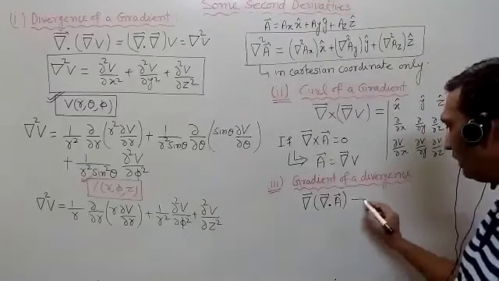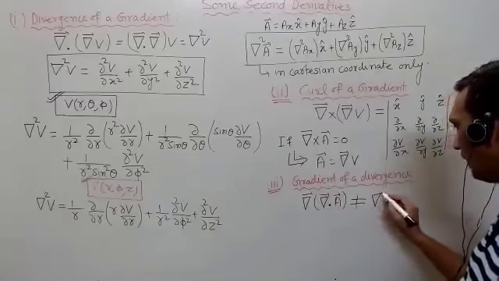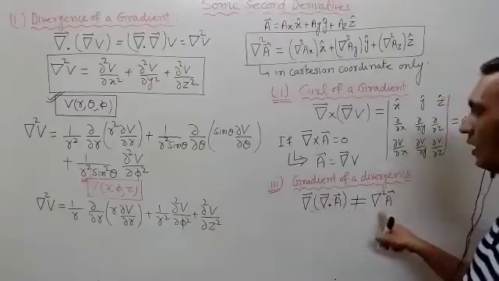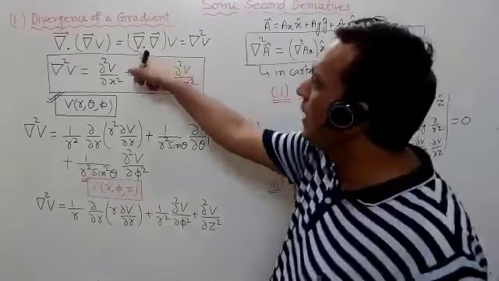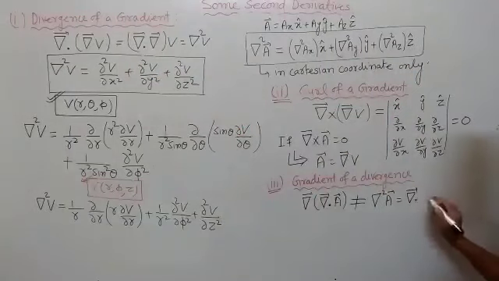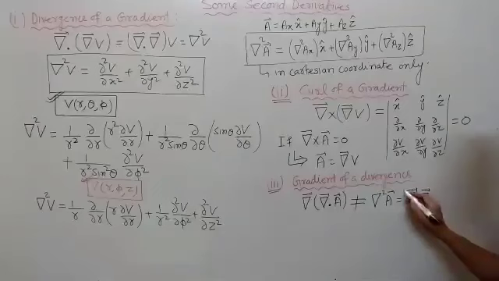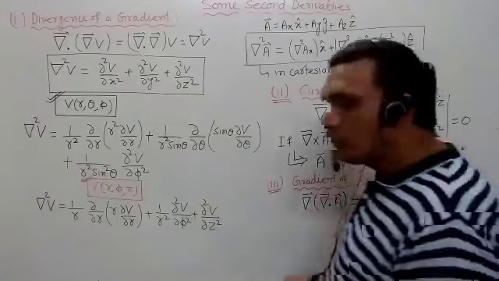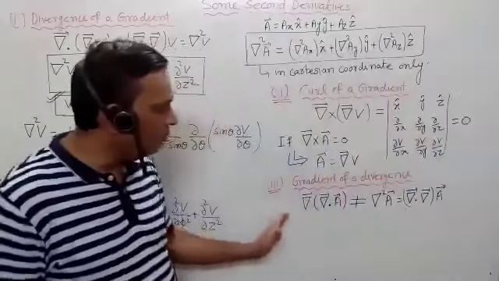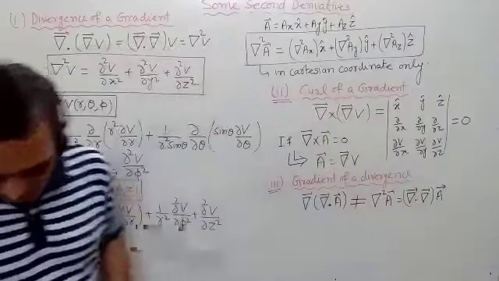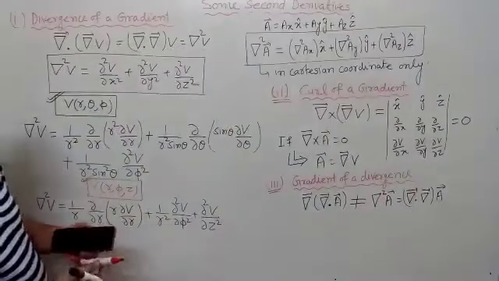So you can see this is not equal to del square A. Del square A is del dot del, and then you have to operate this on A. So you have to separately calculate the gradient of a divergence, and this is not equal to del square A. ठीक है?